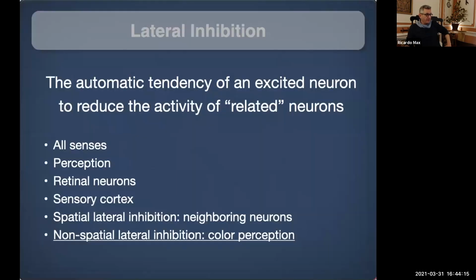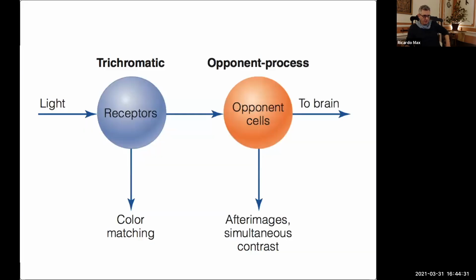We have one minute, and it's exactly where I wanted. The last kind of non-spatial lateral inhibition would be color perception, which we'll talk about next week. Just to throw it out there, there are two theories. They can explain a lot of things, each one by itself, but they cannot explain everything by itself.